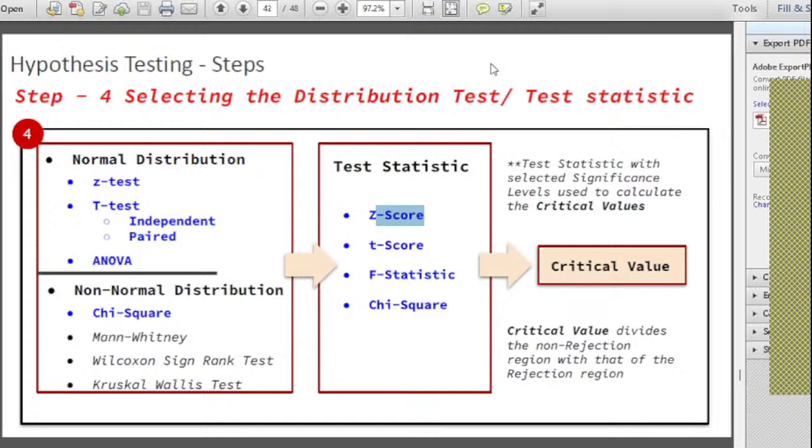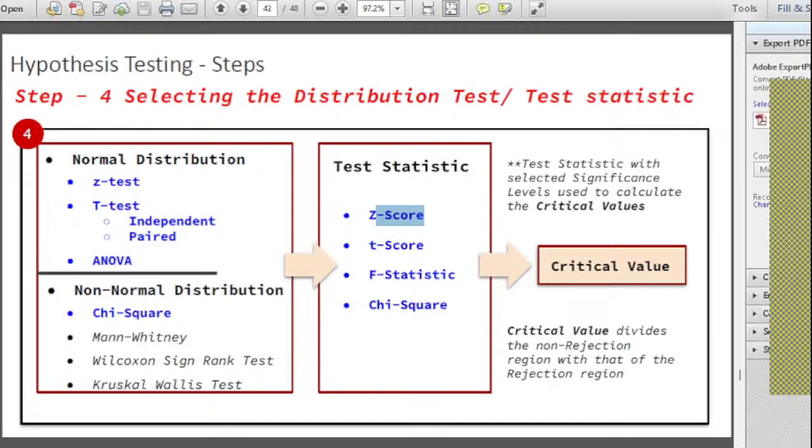Whatever I am explaining is just the conceptual part, that this happens at the back end. 10-15 years back, when these softwares were not there, we used to do these manually, or maybe some of you would have done these in your high school also.